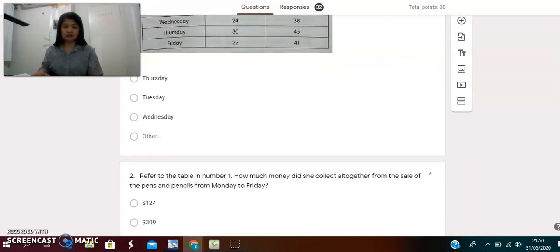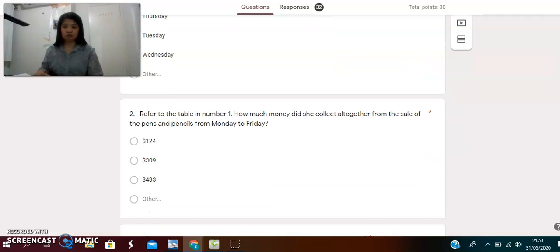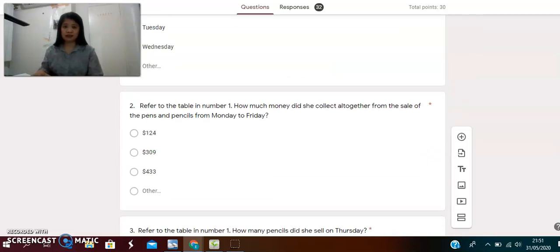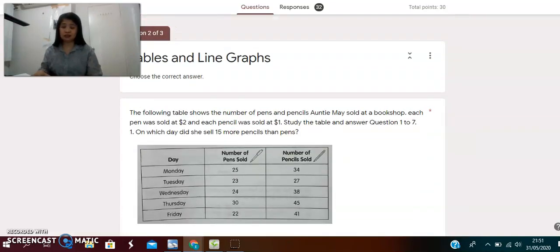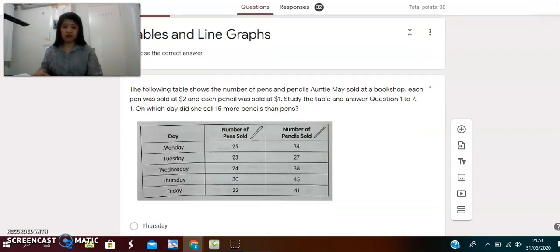Next, number 2. Refer to the table in number 1. How much money did she collect altogether from the sale of the pens and pencils from Monday to Friday? So going back to the table, first add all the number of pens sold, then multiply it by $2. Okay, I will show it to you.